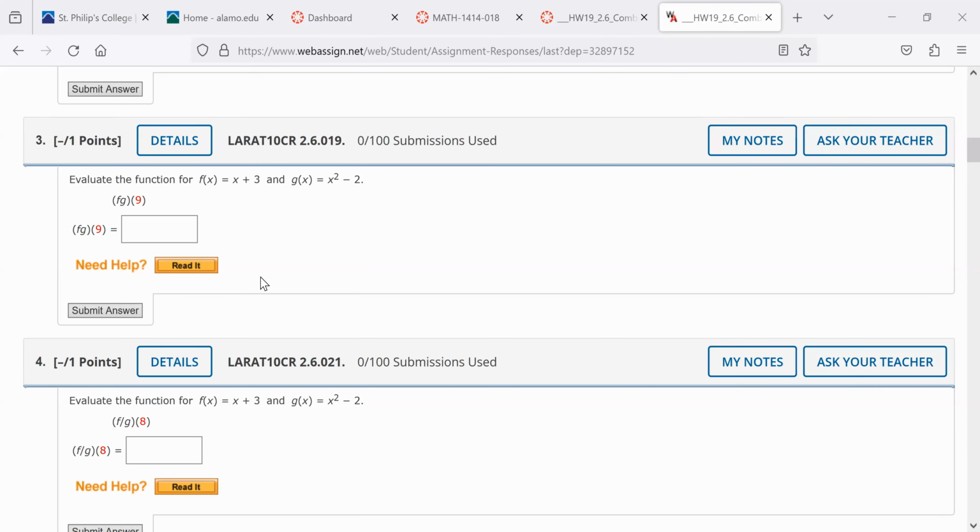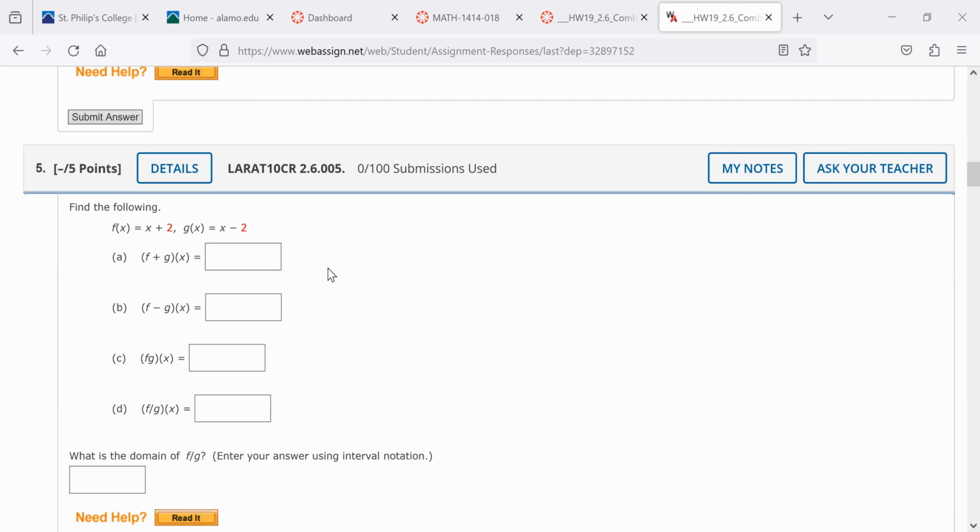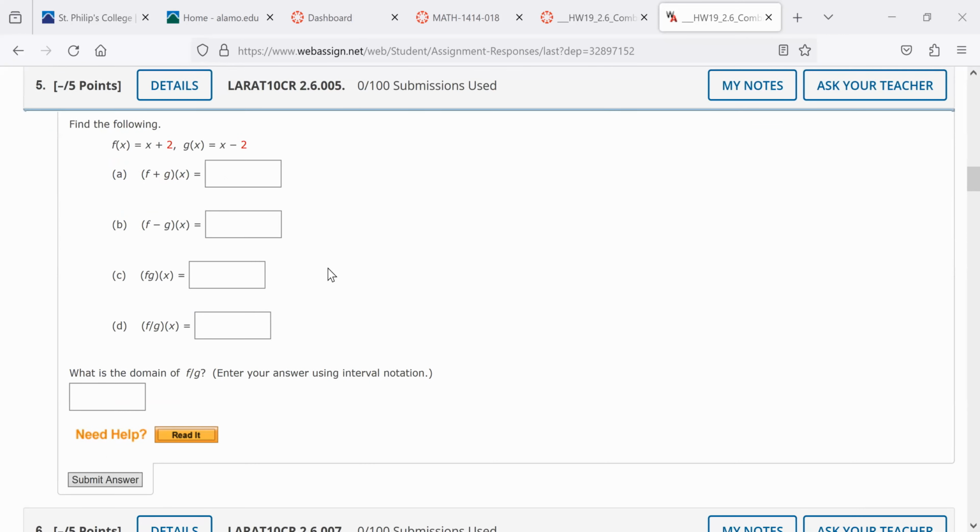All right, so you can see 3 and 4 are just times, so I'm gonna move on to something else here. Here, they're just doing it in general. But there is a notation that you should know.